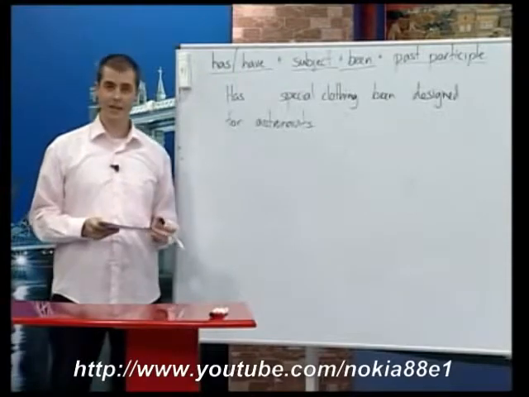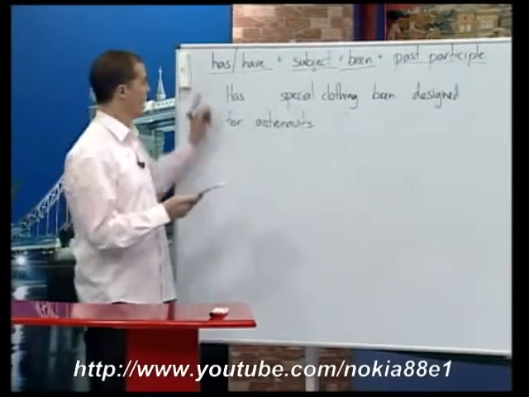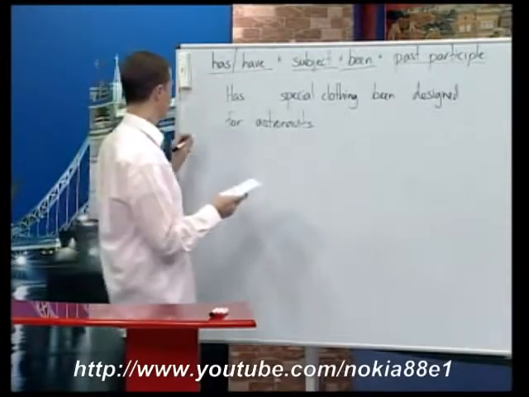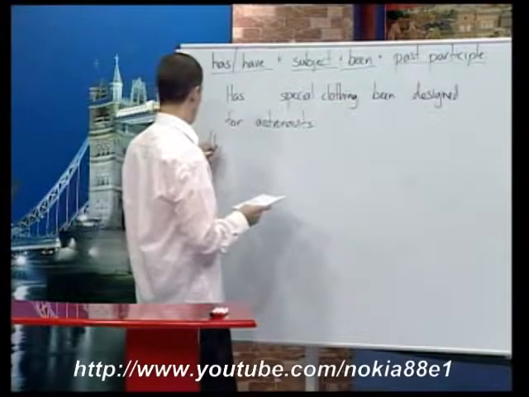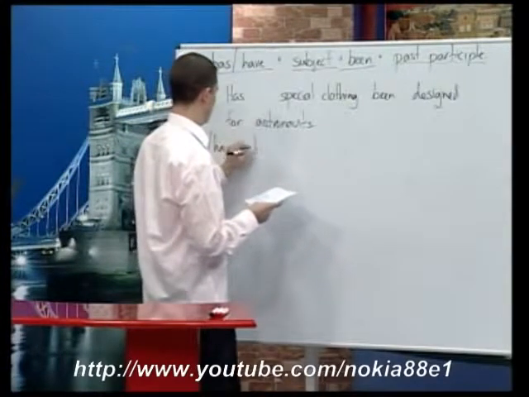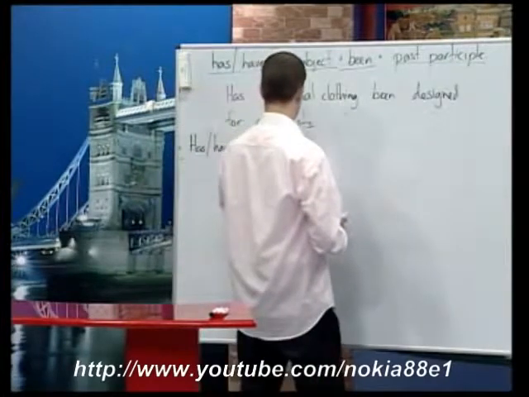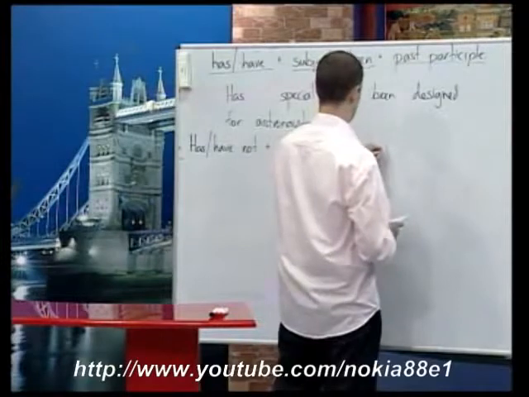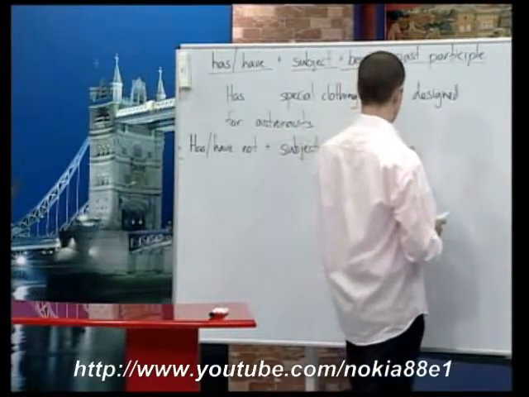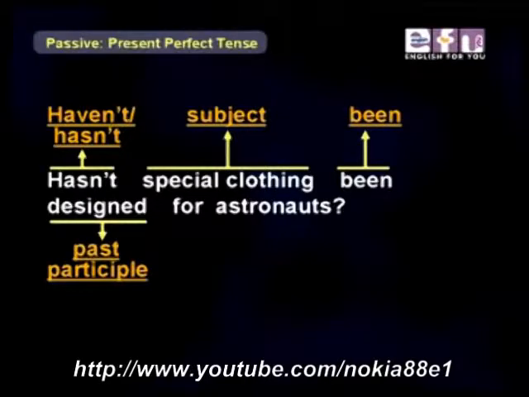And to form a negative yes-no question, we just use has or have not. So, has or have not plus subject plus been plus past participle. Okay.